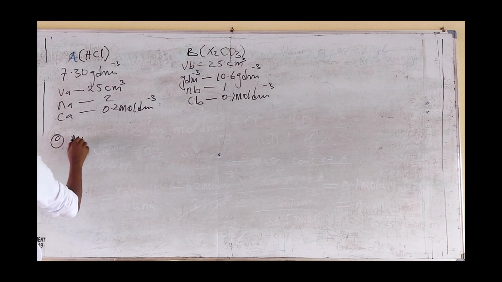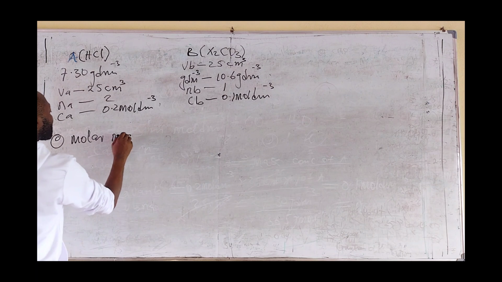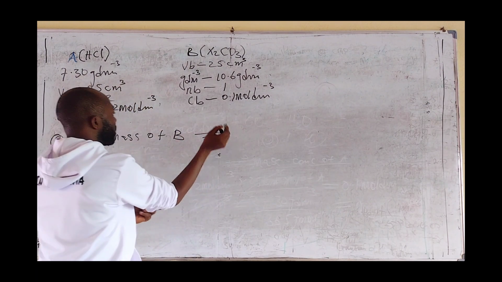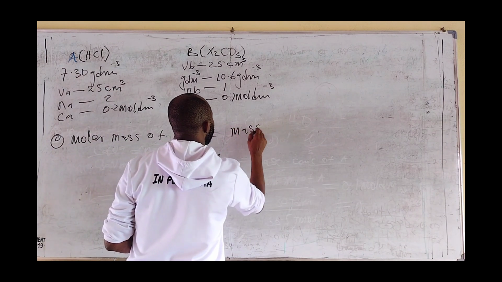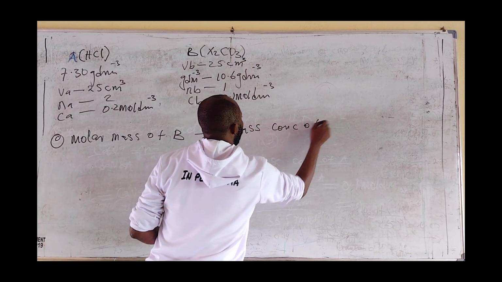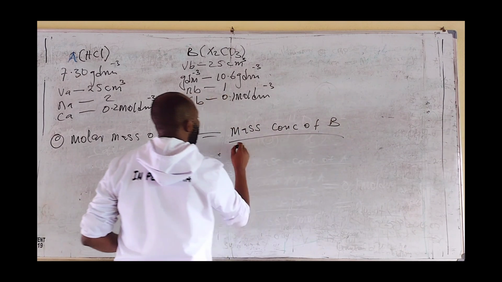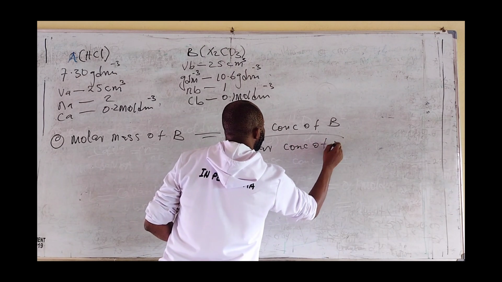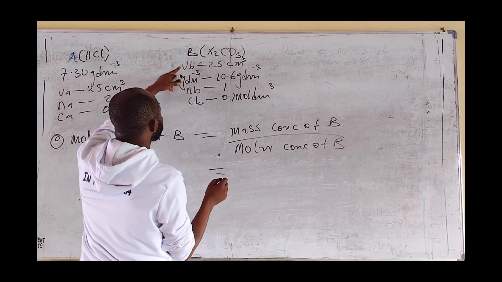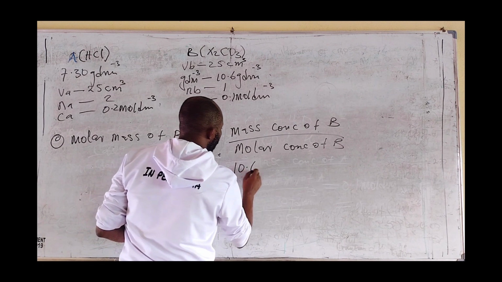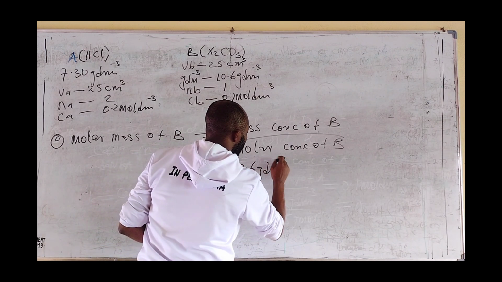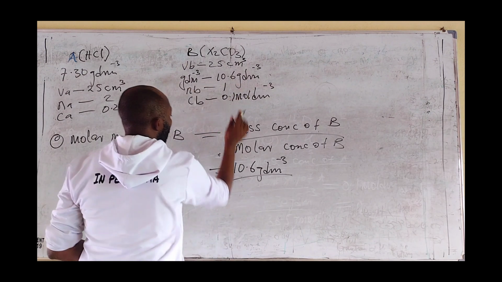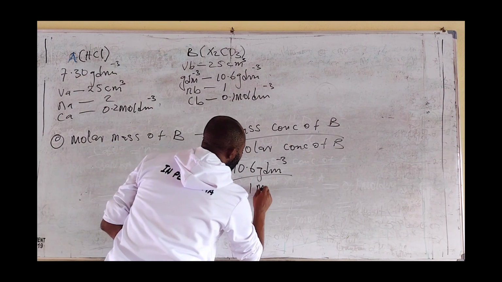C. Molar mass of B is equal to mass concentration of B over molar concentration of B. The mass concentration of the base is 10.6 g/dm cube over the molar concentration, 0.1 mole per dm cube.